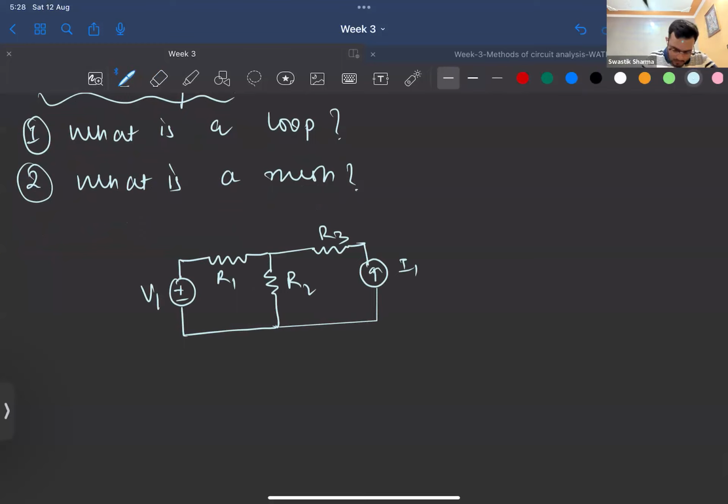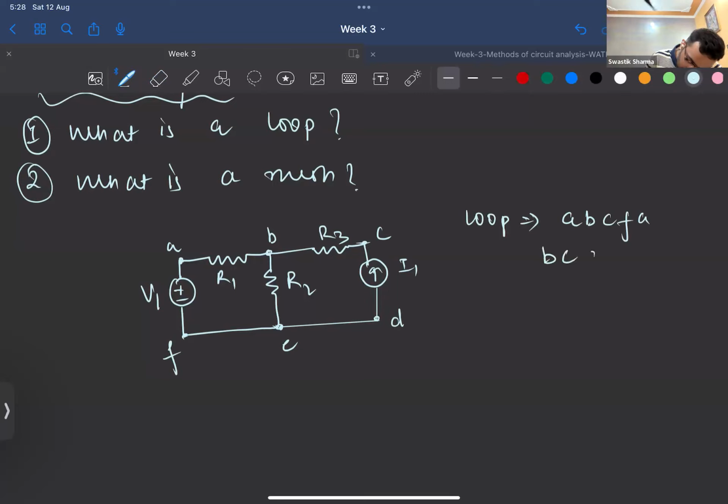If I write these A, B, C, what exactly would a loop be? A loop could be A, B, C, F, A. It could also be B, C, D, E, B. And it can also be A, B, C, D, E, F, A, right?